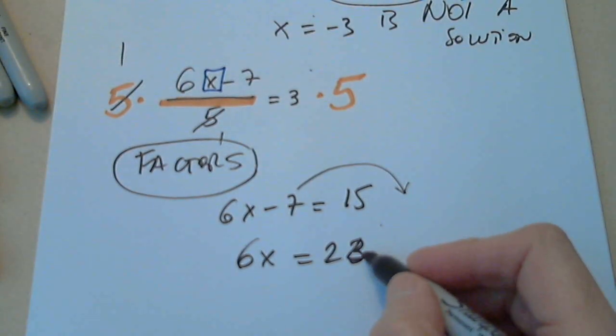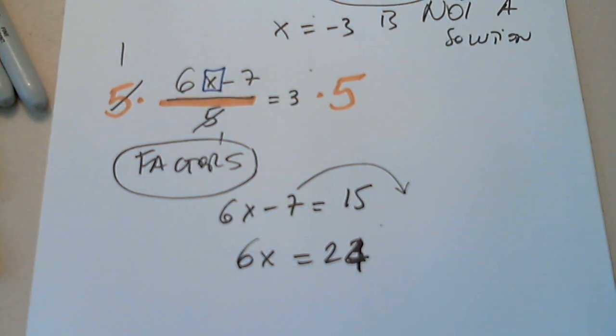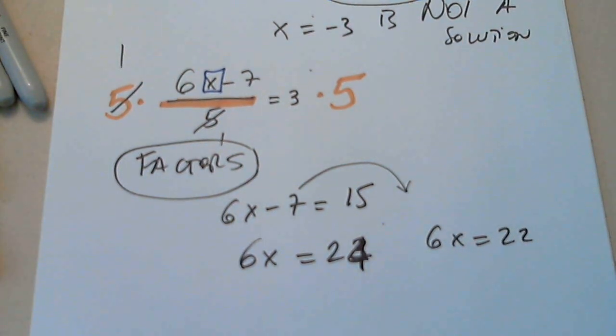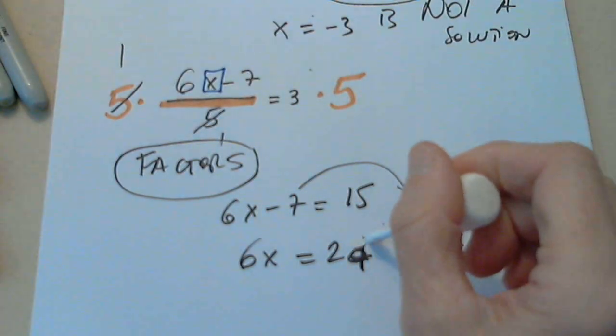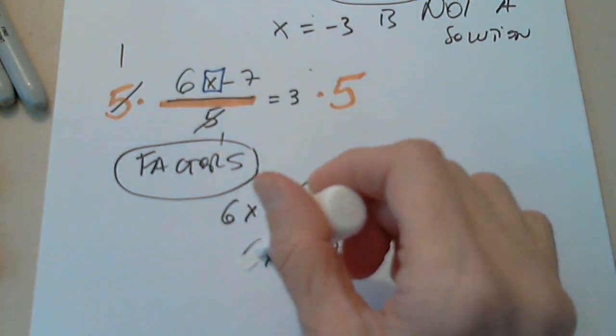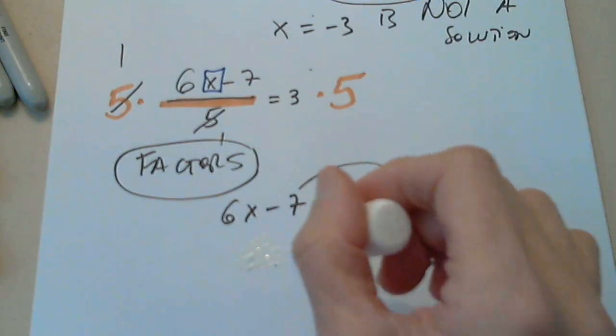Oh, sorry, of course, 22. Good. Absolutely, 22. I'm already looking at the next step. Good. So now I got closer to x.